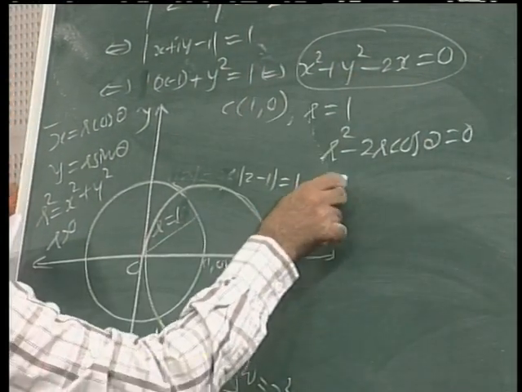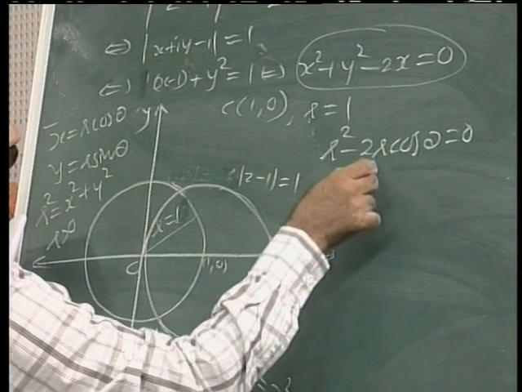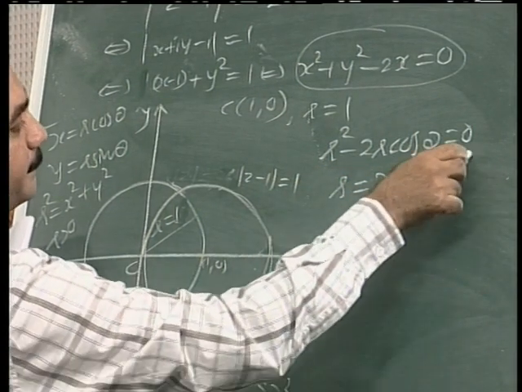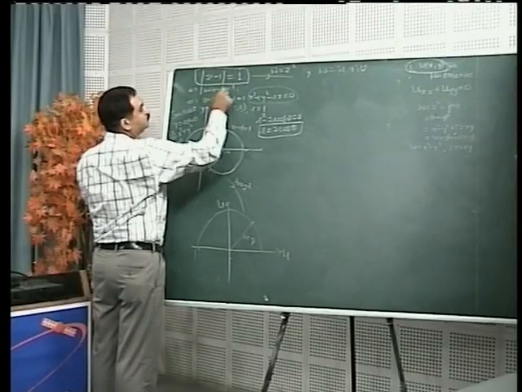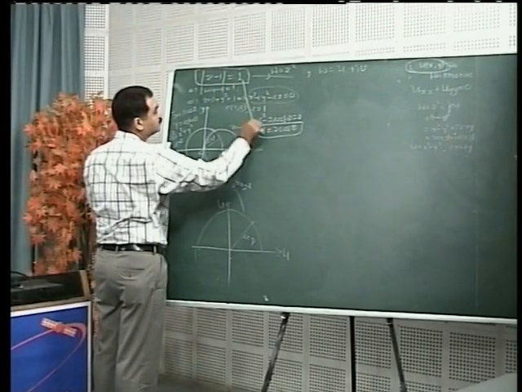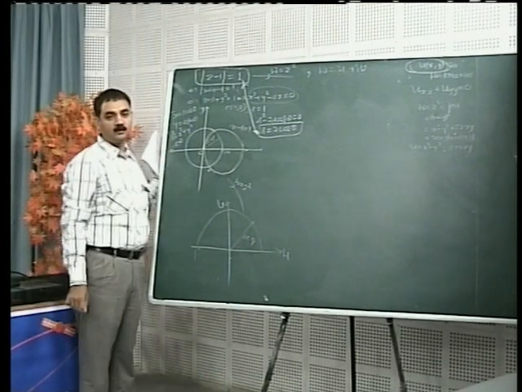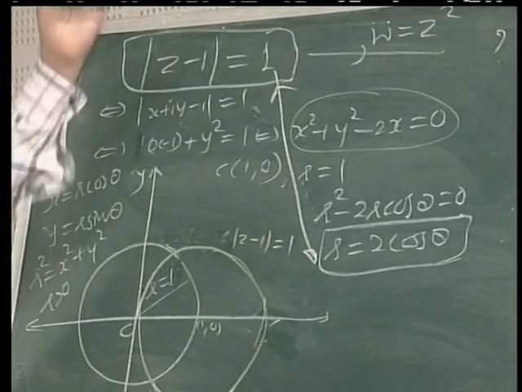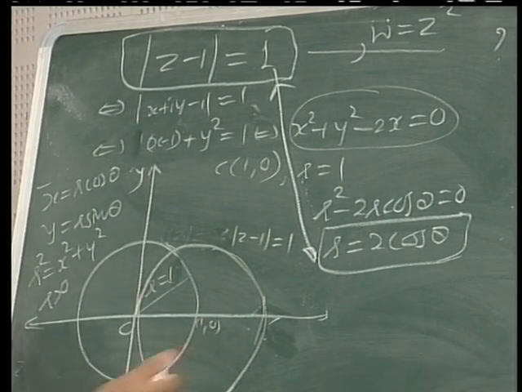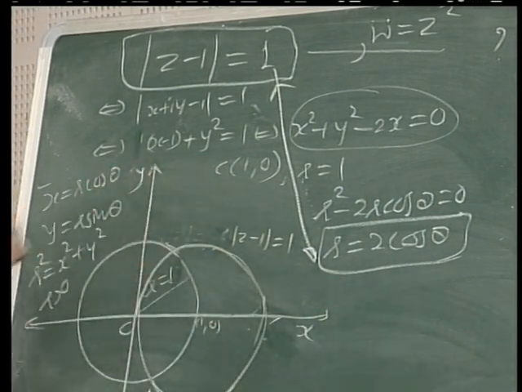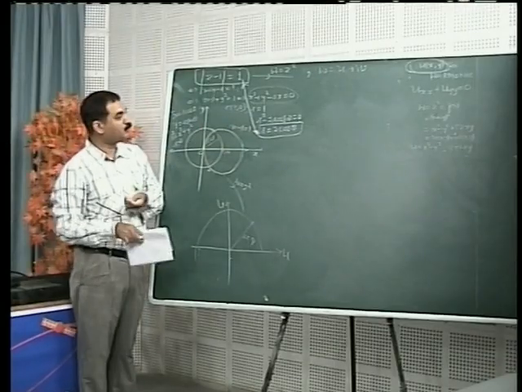So this is r is 2 cos theta. Now let me tell you once again, mod z minus 1 equal to 1 is same as r equal to 2 cos theta. We shall try to find the image of this curve rather than getting into the xy plane, the Cartesian. We will be finding its image in polar.